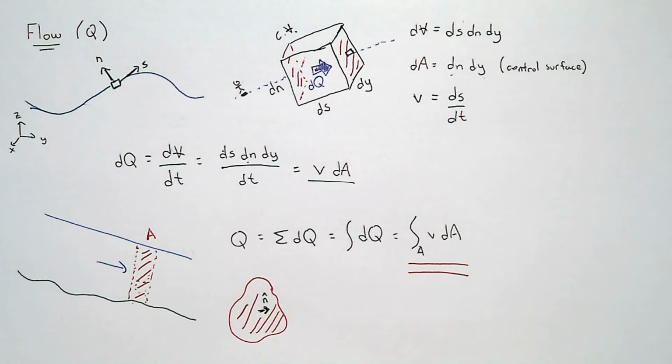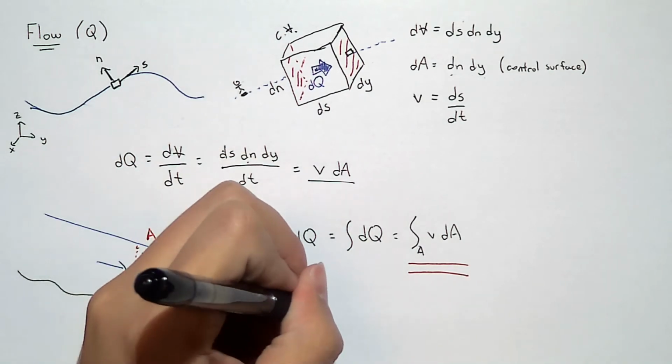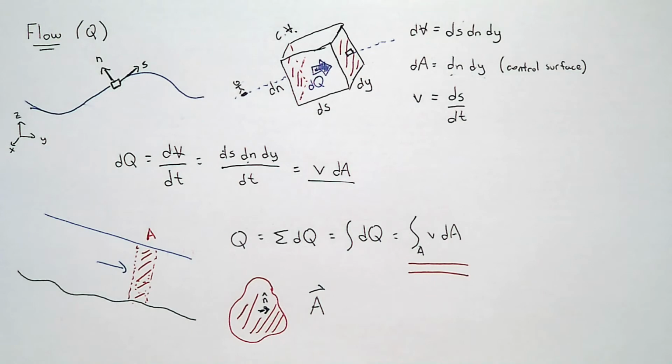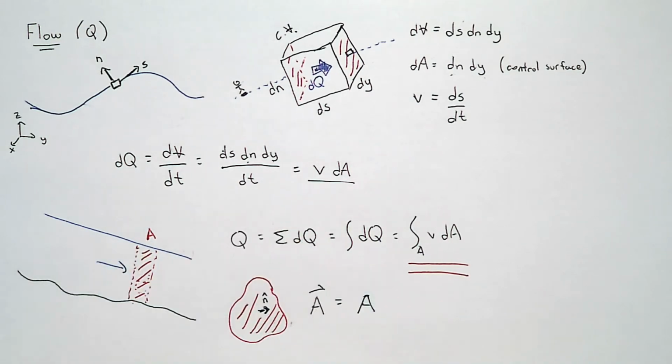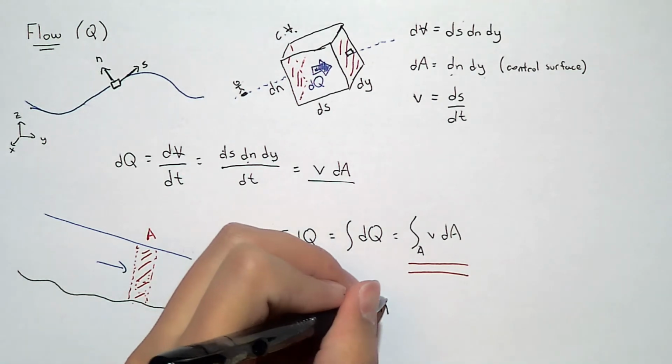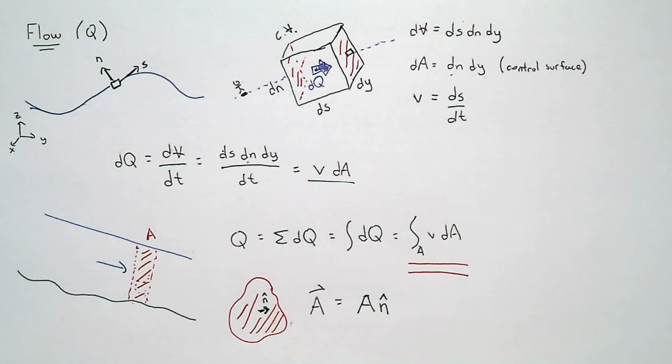So based on that definition, the vector of an area is equal to the magnitude of that area, in other words, the area of your surface, multiplied by a unit vector that points normal to that surface. So if my area is this board, in which direction does that unit vector point?